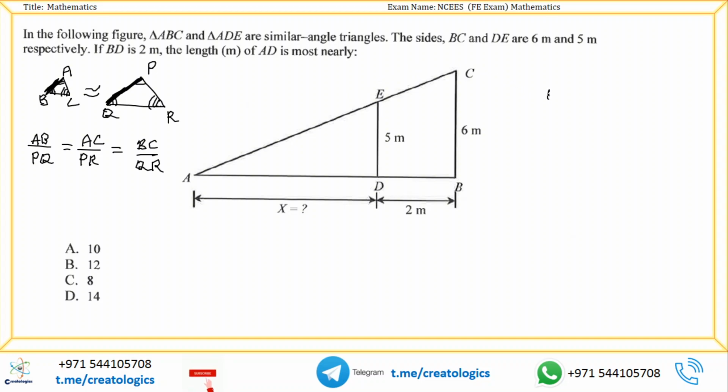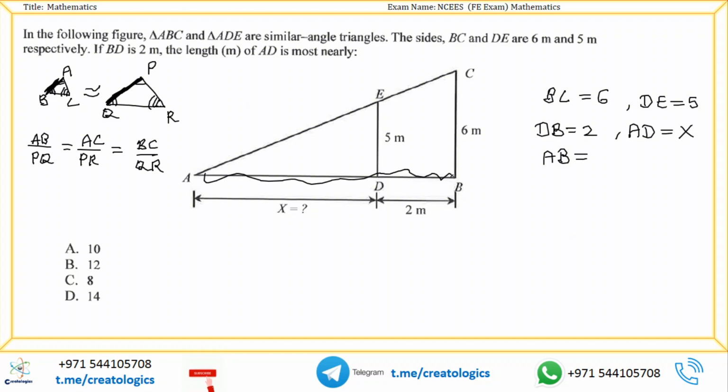We are given BC is equal to 6 and DE is equal to 5. We have DB equal to 2. So I can say the complete AB, because the value of AD is let's say x units, is equal to x plus 2 units.